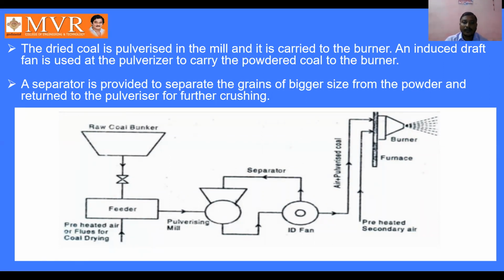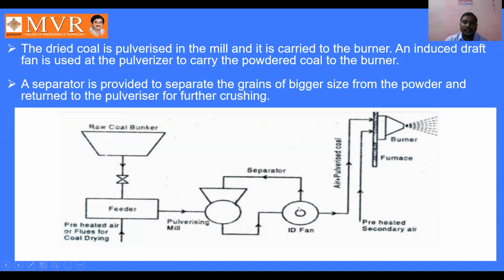After pulverizing in the mill, the coal, pulverized, meaning broken into small pieces, is entered through the ID fan to the burner. By using this ID fan, from the pulverizing mill it enters into the burner.